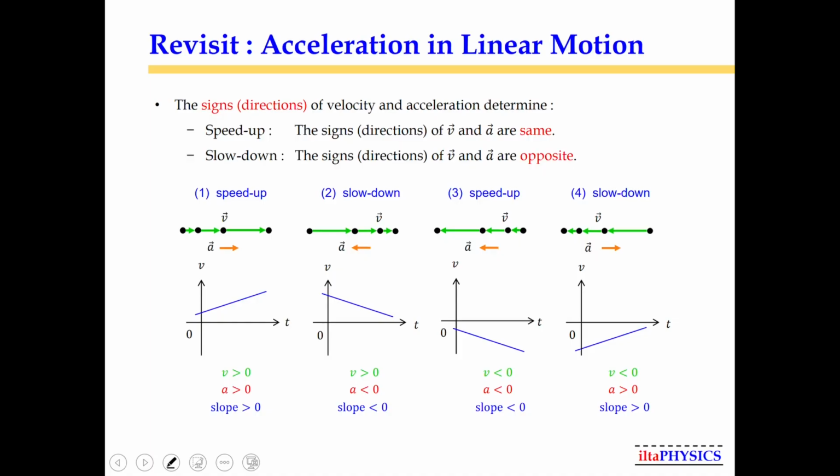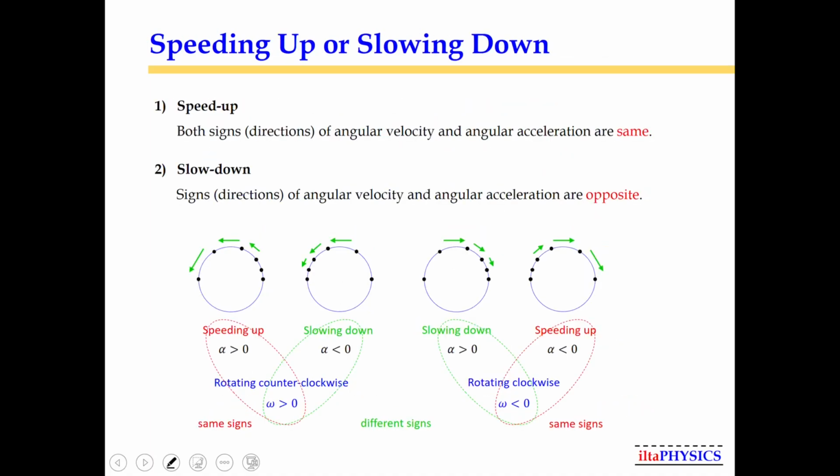Now, let's head back to circular motion. The diagram below shows 4 different cases for an object in non-uniform circular motion. The first image is a motion diagram of an object spinning counterclockwise and speeding up. The second image shows it spinning counterclockwise but slowing down.